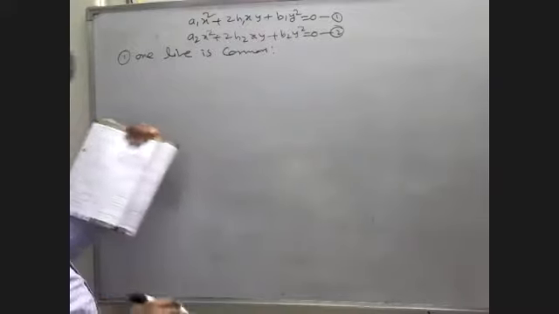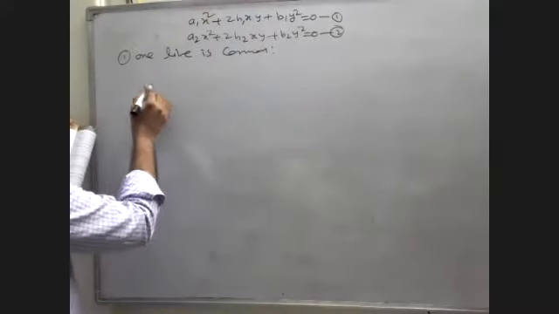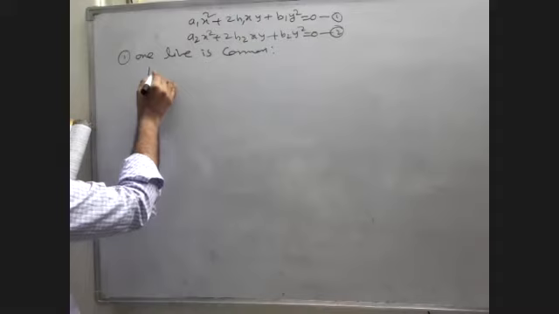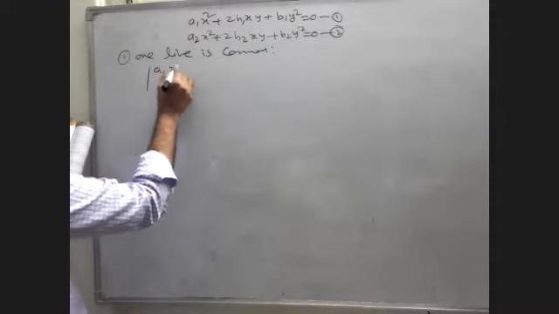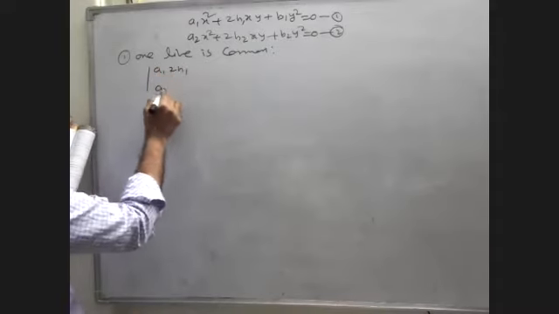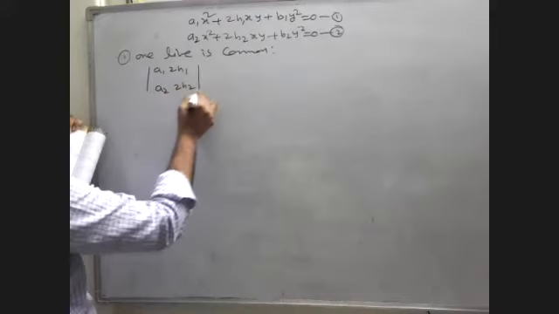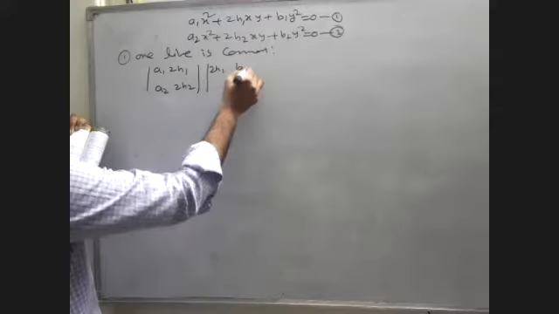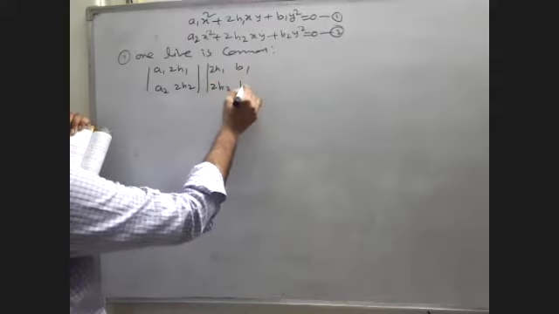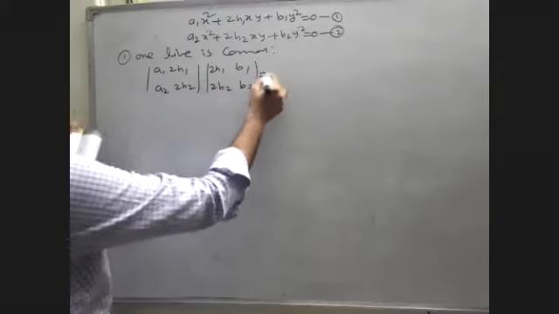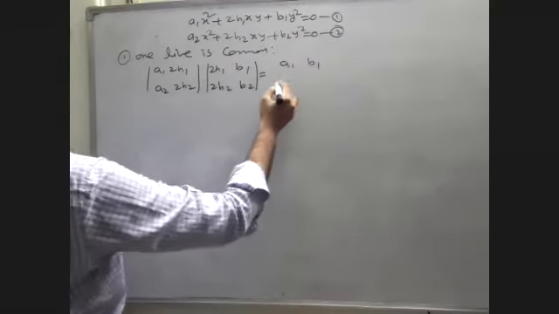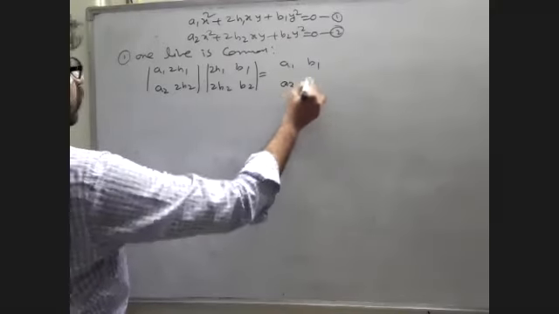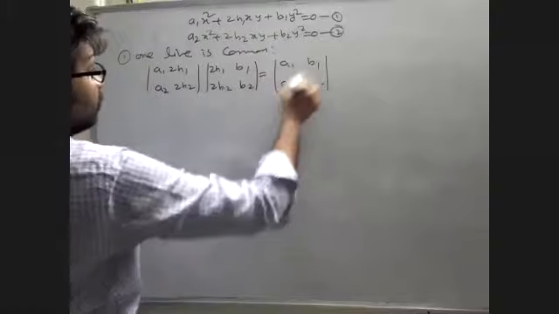I am writing that condition. It is a little bit difficult to remember. The determinant of a1, h1, a2, h2 into the determinant of 2h1, b1, 2h2, b2 is equal to the determinant of a1, b1, a2, b2 whole square.